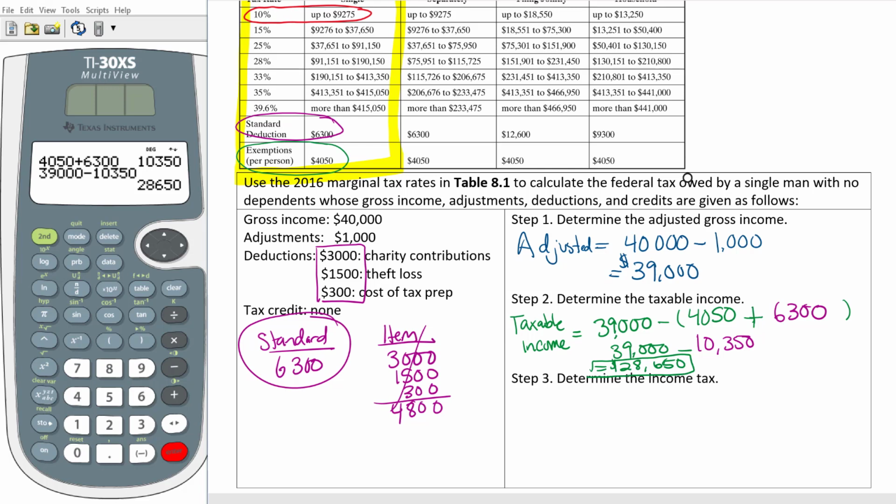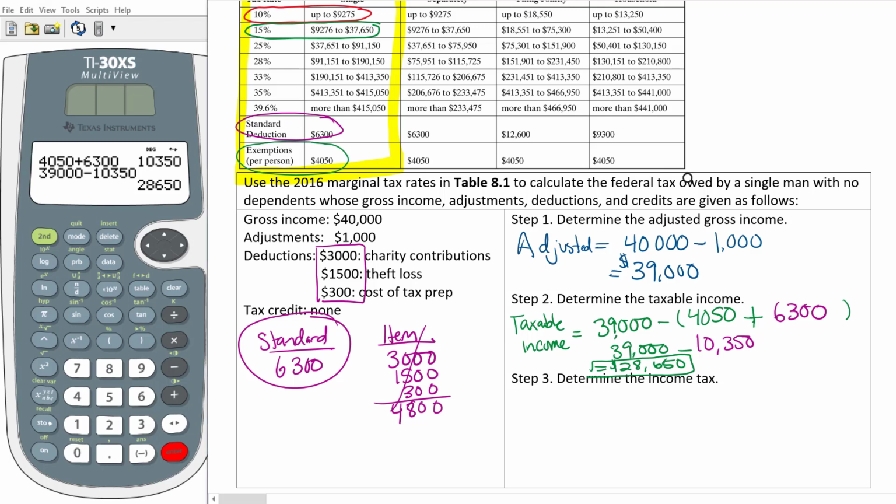But because my taxable income, 28,650, is higher than that, I also have more being taxed in the 15% category. Anything from 9,276 all the way up to 37,650 gets taxed at a 15% rate. But because my taxable income does not exceed 37,650, I don't have to go up to the next tax bracket or the next margin of 25% because I don't have any taxable income over 37,000.